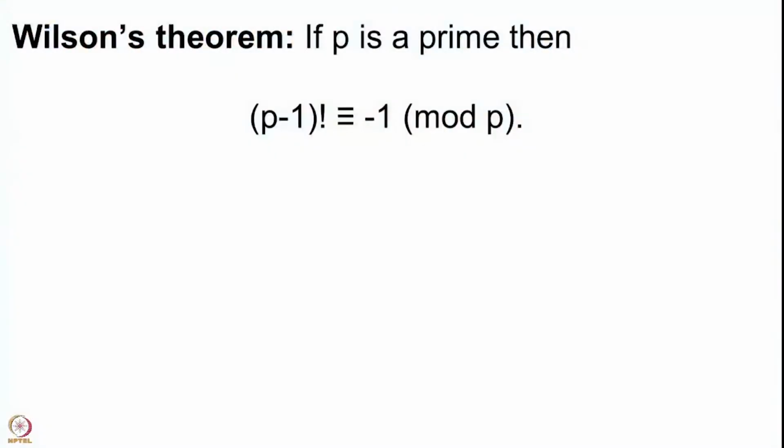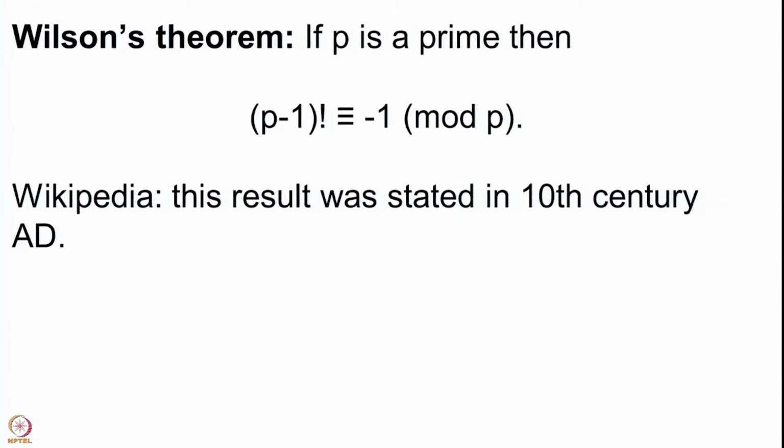Now, this very important and very basic theorem is given the name of the mathematician John Wilson, but as it happens often in mathematics or in several branches of science, this is not originally due to Wilson. In fact, it is not at all due to Wilson. This was stated in the 10th century AD. John Wilson is a mathematician from the 18th century. Wilson's teacher Edward Waring gave this as a problem.